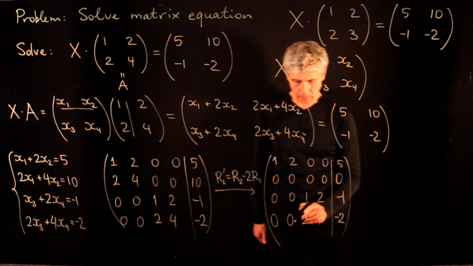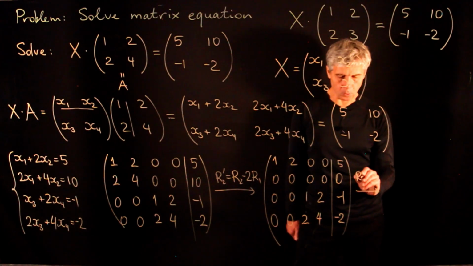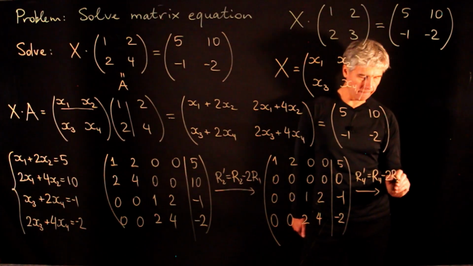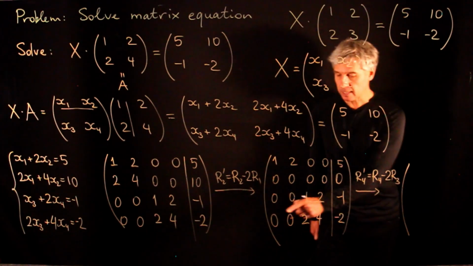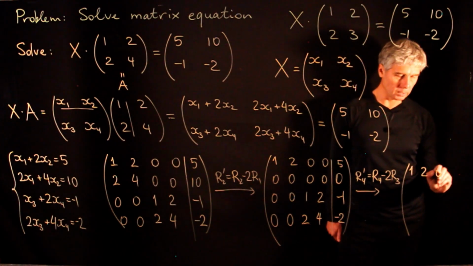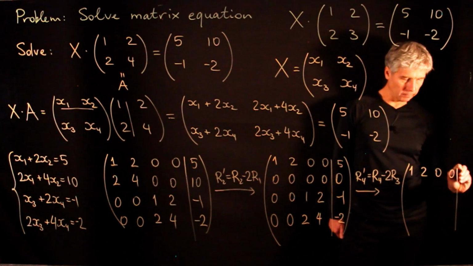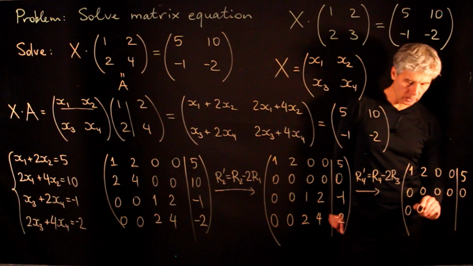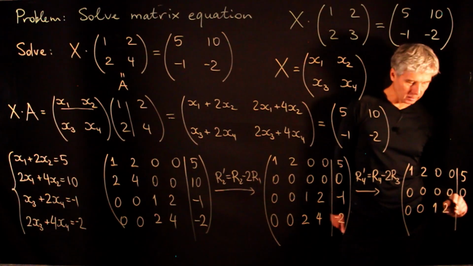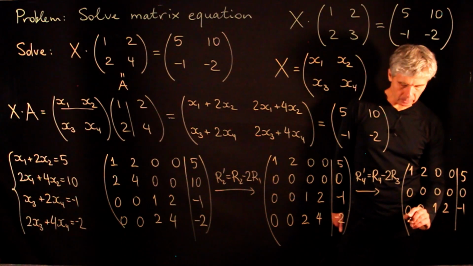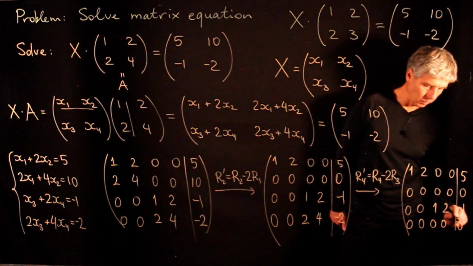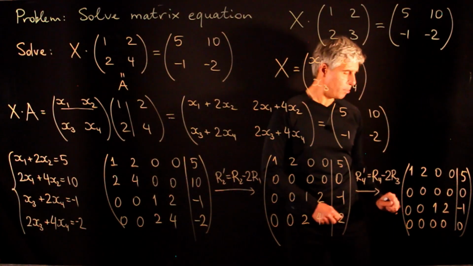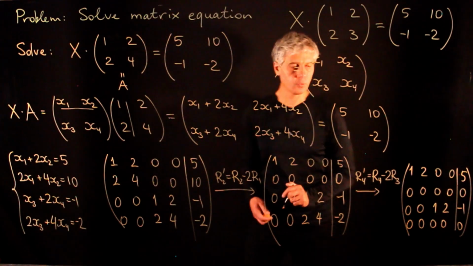And we say now that row 4 new is row 4 minus 2 times row 3, and then the last row will disappear. So we get 1, 2, 0, 0, 5, then 0, 0, 0, 0, 0, then 0, 0, 1, 2, negative 1, and 0, 0, 0, 0, 0. Right. So now if we switch rows 2 and 3, we're going to get the reduced row echelon form.